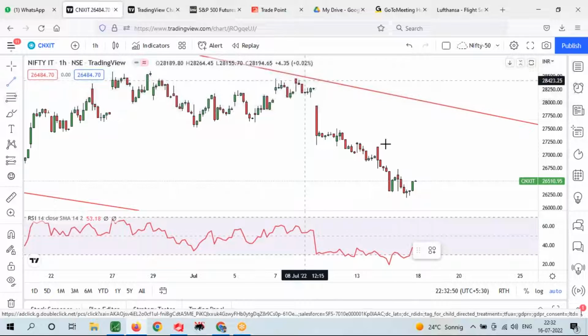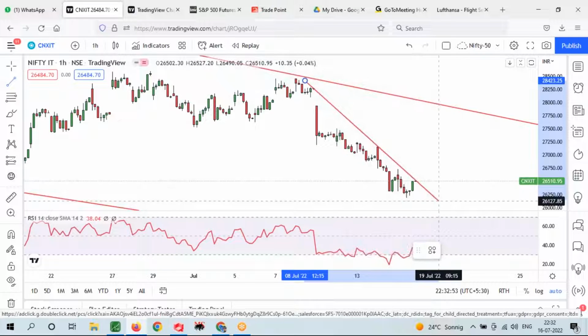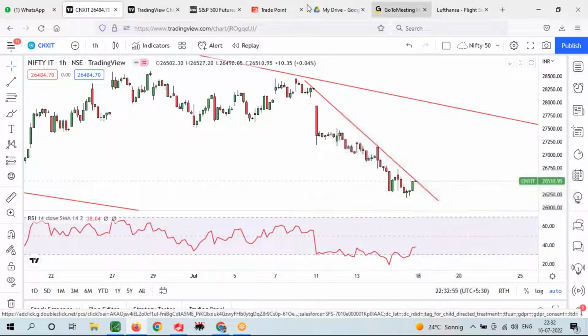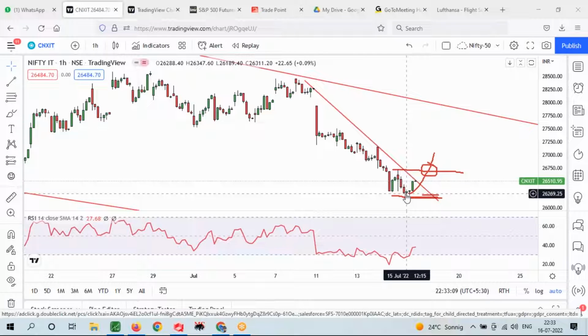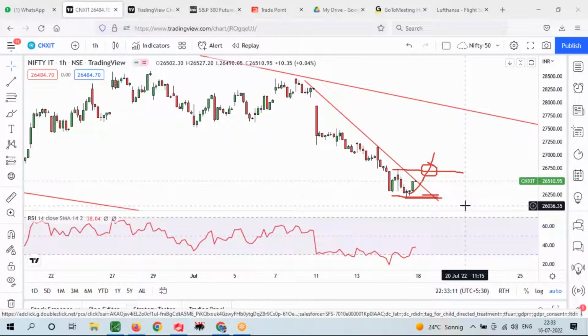So as I said, IT and metal are weakest. Maybe you can do one thing. If the high is crossed, then you can take an entry. The stop loss should be at 26,189. Otherwise you might go down to 25,000 odd levels.